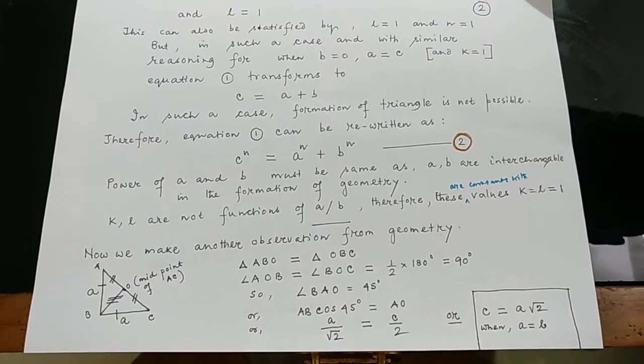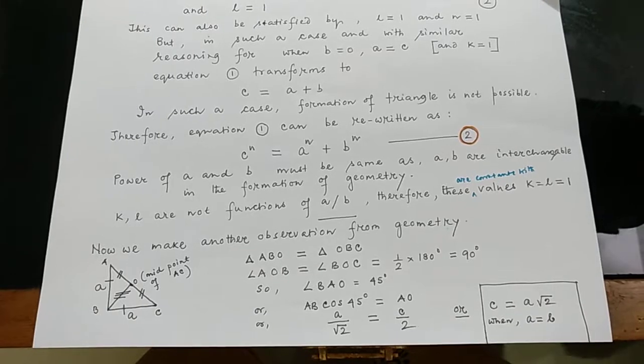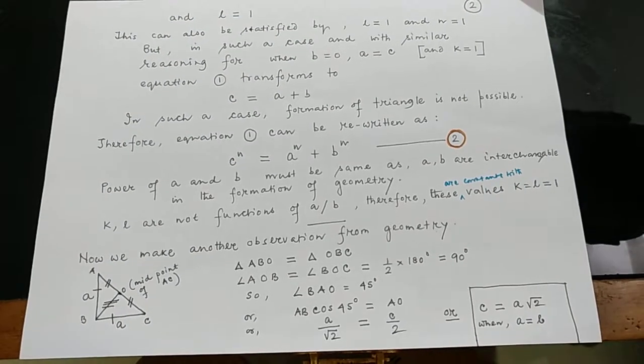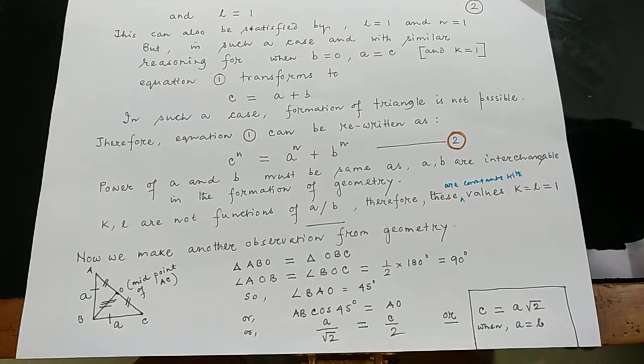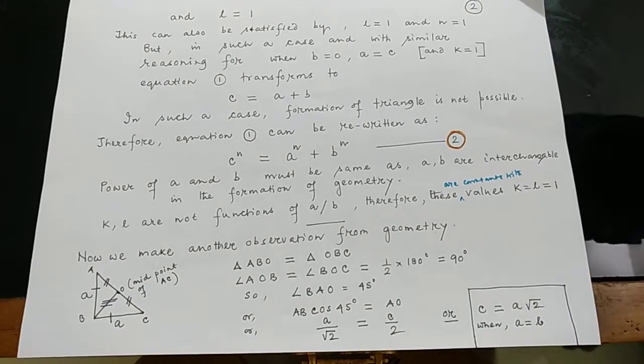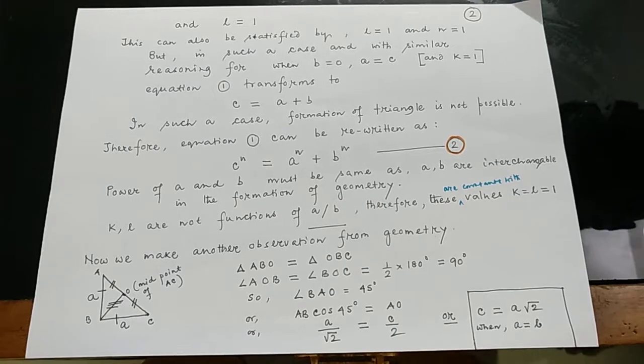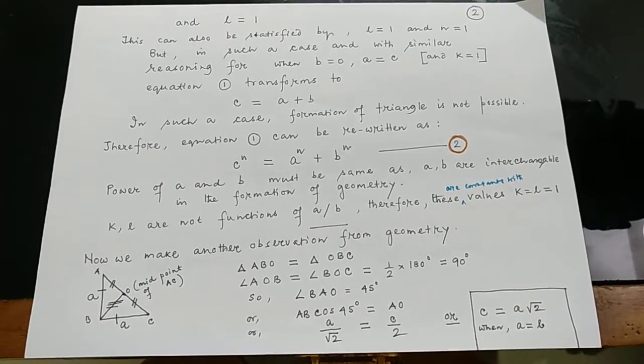So we move on, saying that my function should look like c to the power n equal to a to the power n plus b to the power n, and k and l already we proved that they must be 1 each.